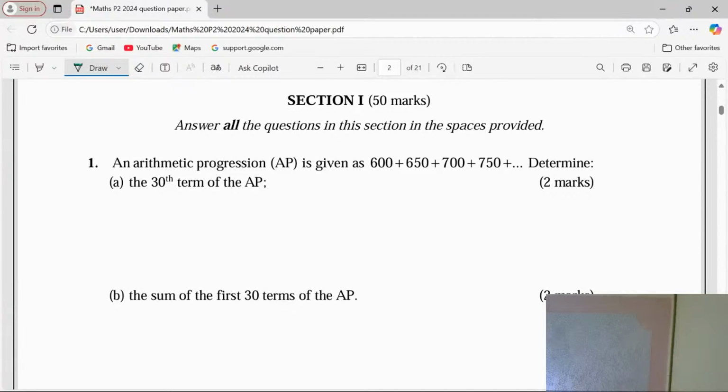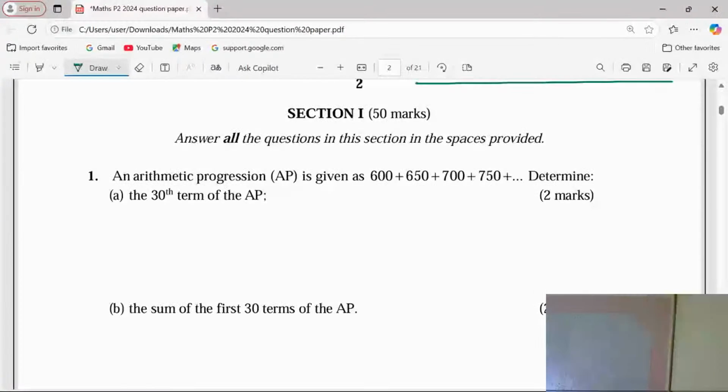An arithmetic progression, AP, is given as 600 plus 650 plus 700 plus 750, then the progression continues. Determine the 30th term. What we are supposed to know in such a case is how we get the nth term in a given progression.